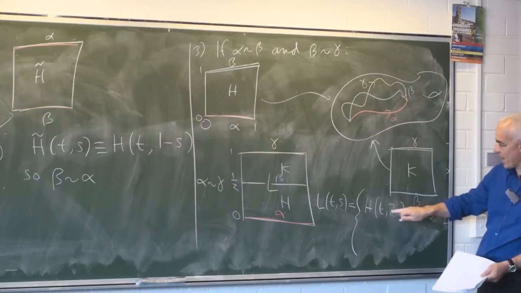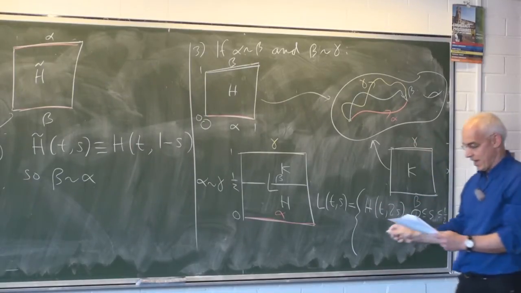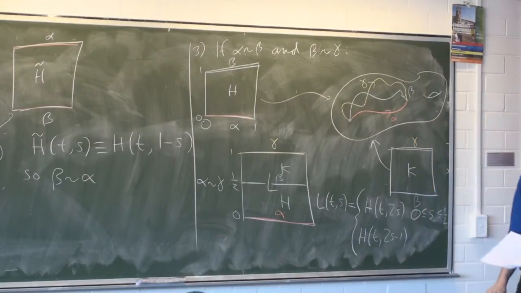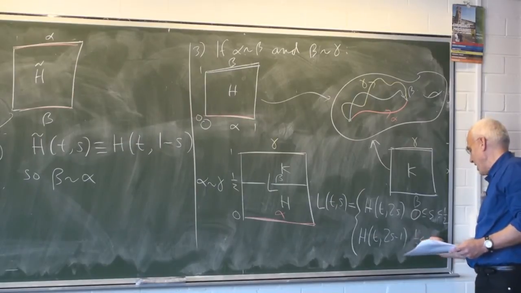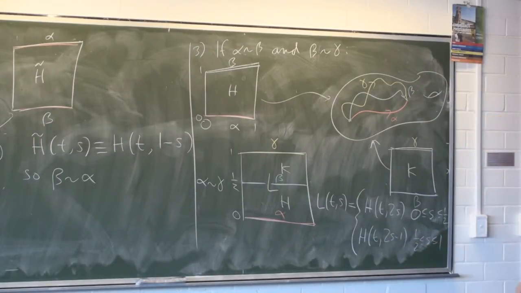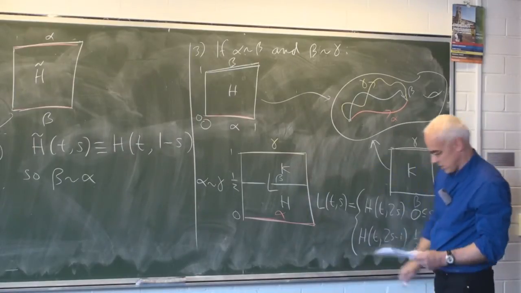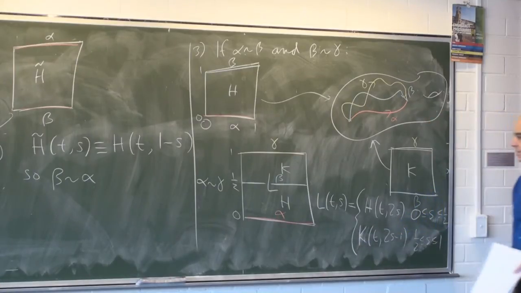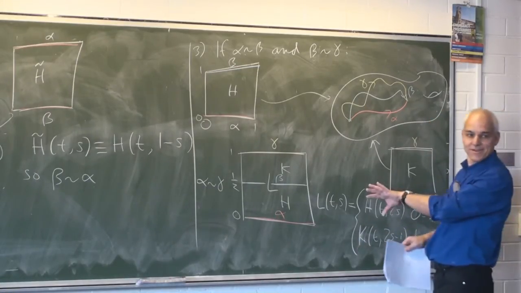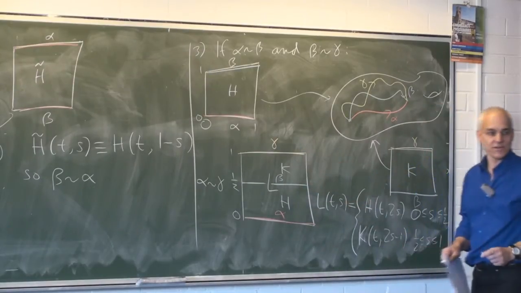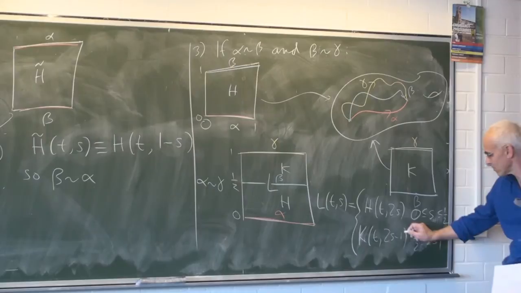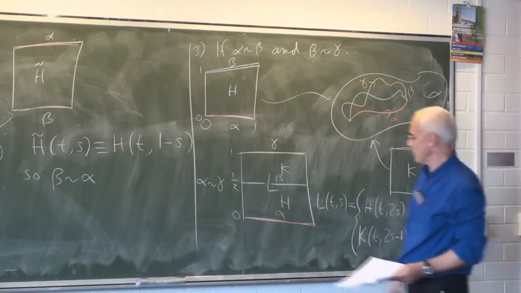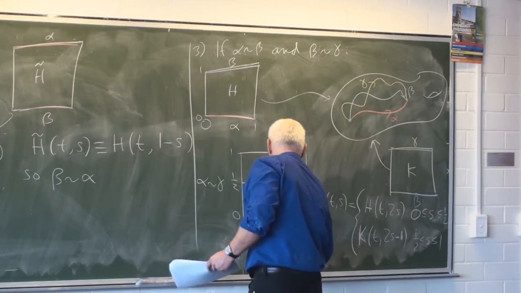So as s goes from 0 to a half, this goes through the whole range of H. And the other one will be K of t and 2s minus 1 for s in the other range between a half and 1. That's taking K and essentially shifting it to this range here. So that's how we create a homotopy from alpha to gamma. That's what we wanted.